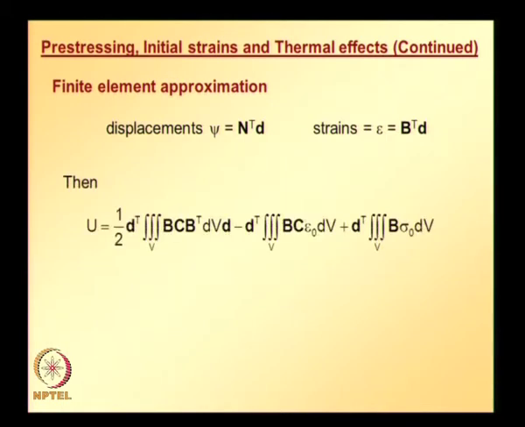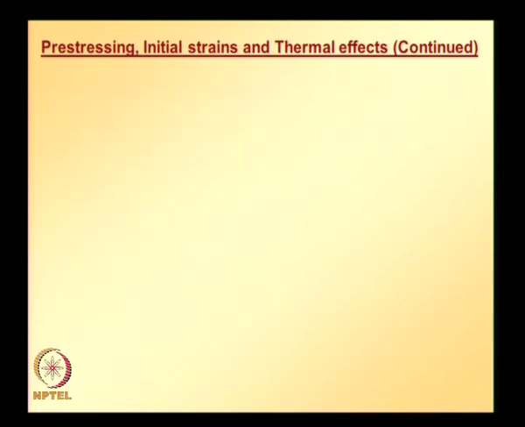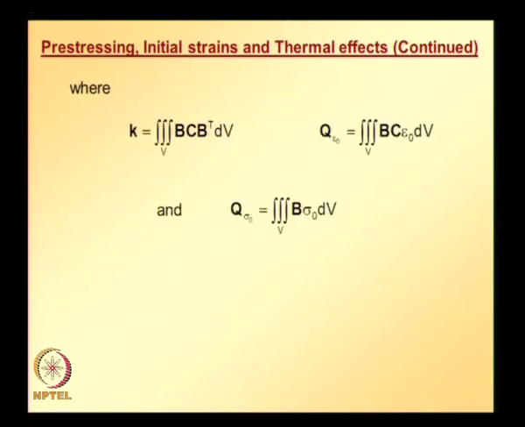Substituting this into the previous equation, in which constant terms are avoided, we get this, which can be written in a matrix and vector form in this manner, where each of the terms are defined like this. Q epsilon naught, q sigma naught are due to the presence of initial strains or stresses.